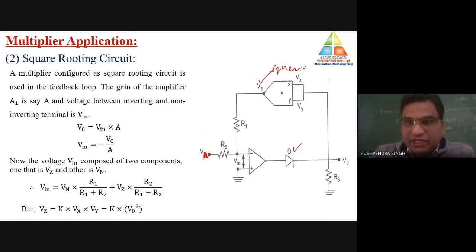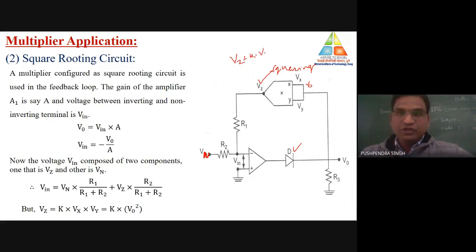So Vz will be equal to V naught square. Why? Because both Vx and Vy are connected to V naught. Vz is equal to K into V naught square, because K into Vx into Vy, and Vx and Vy both are connected to V naught.